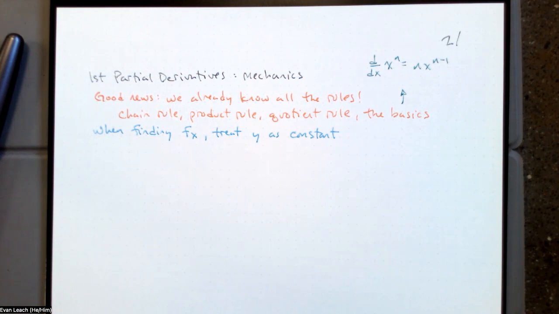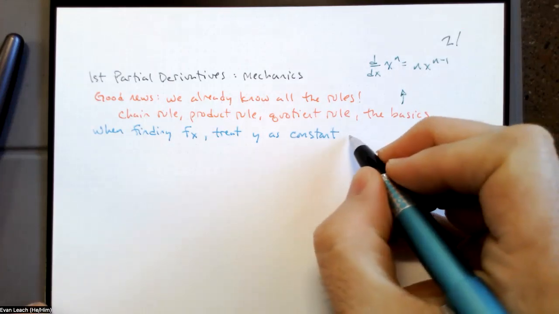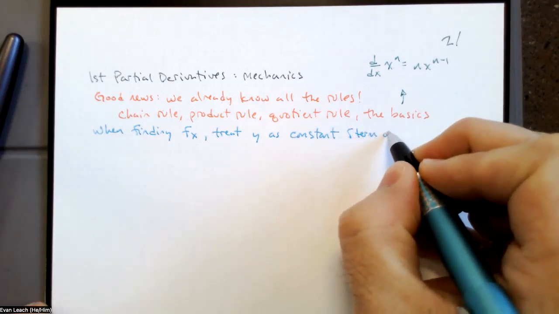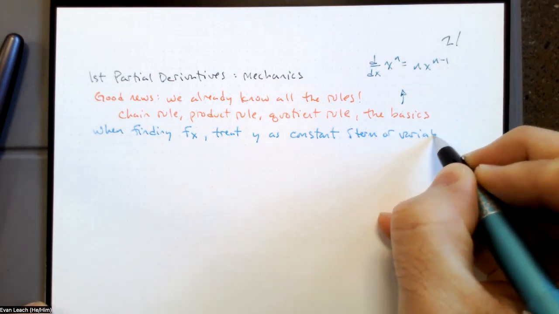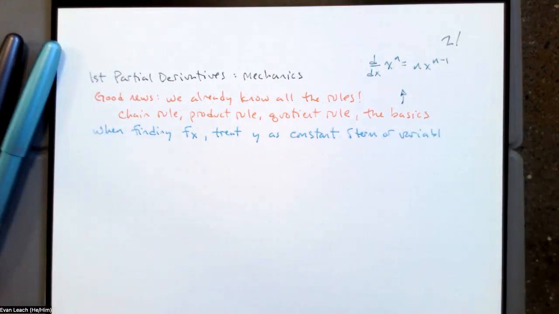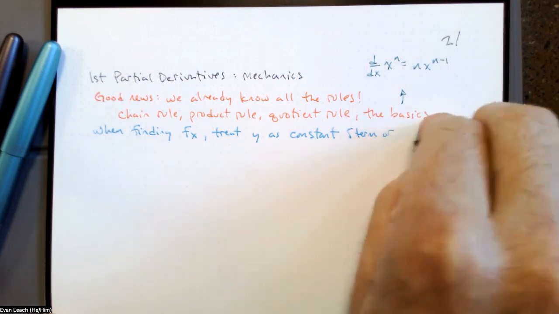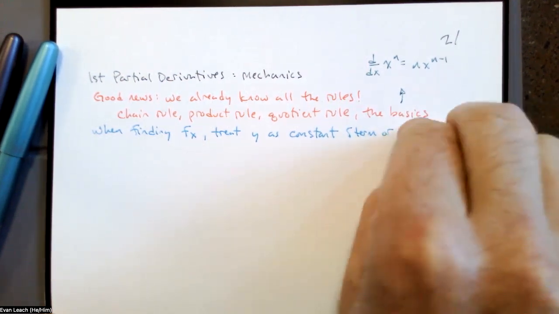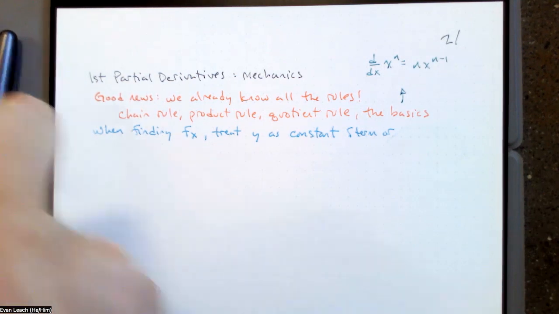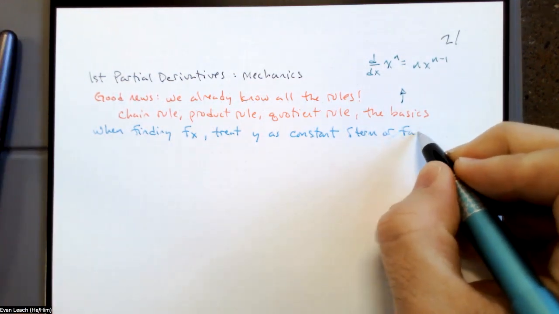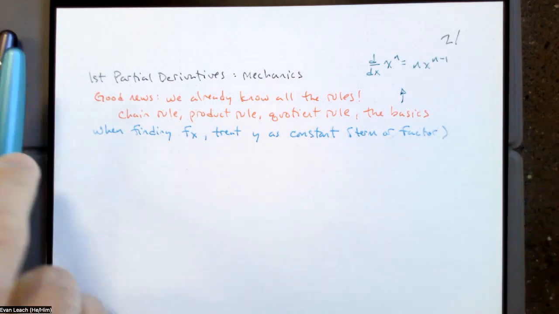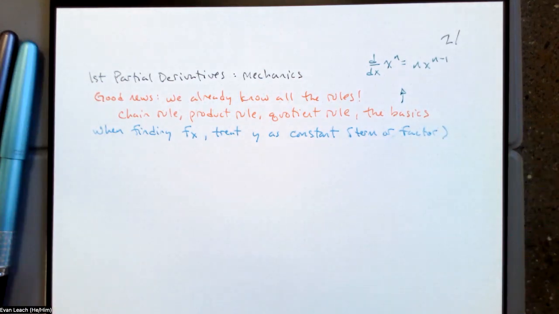Remember, we treat them differently. Constant term, constant factor. So we're going to be treating y as a constant, either a constant term or a constant factor.